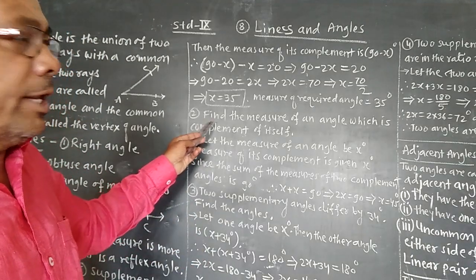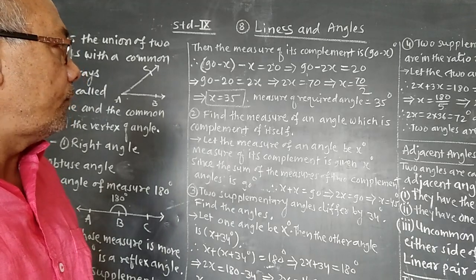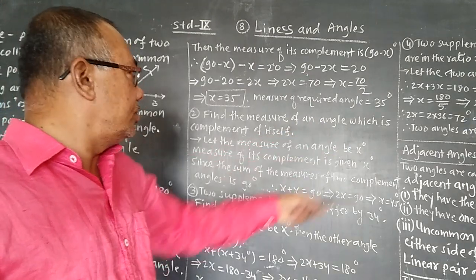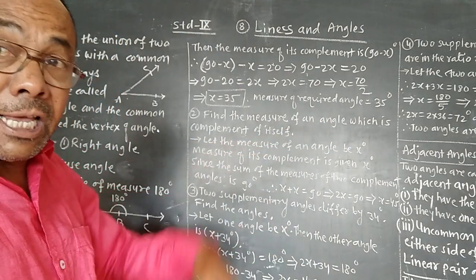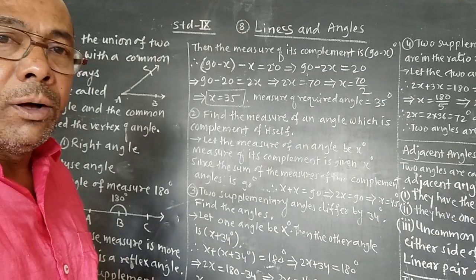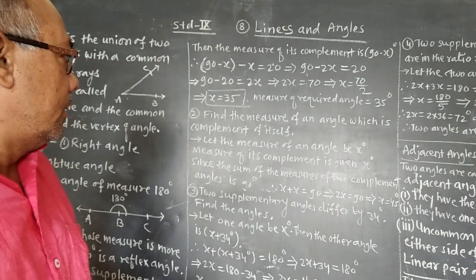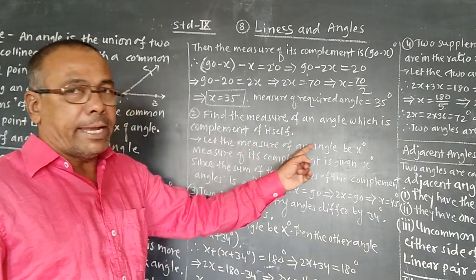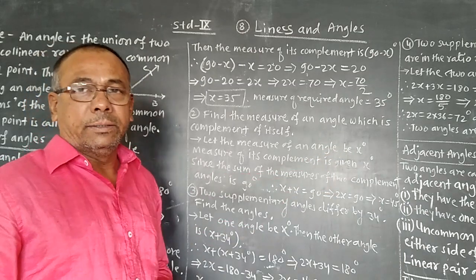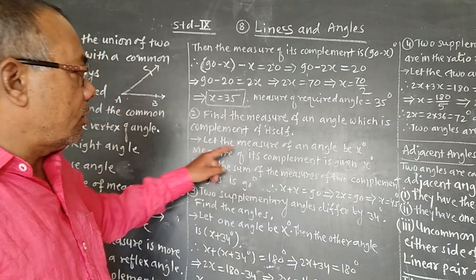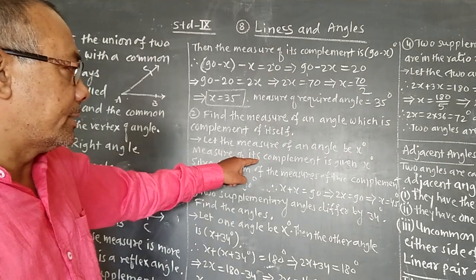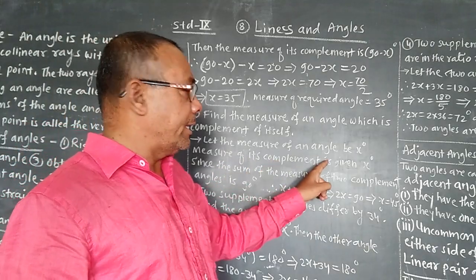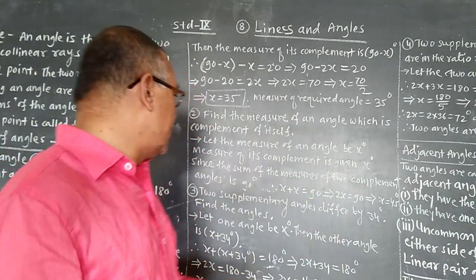Find the measure of an angle which is the complement of itself. For this example, let the measure of the angle be x degrees, and the measure of its complement is also x.